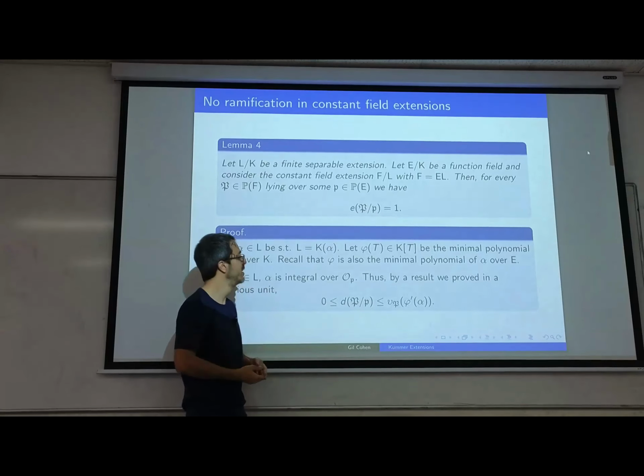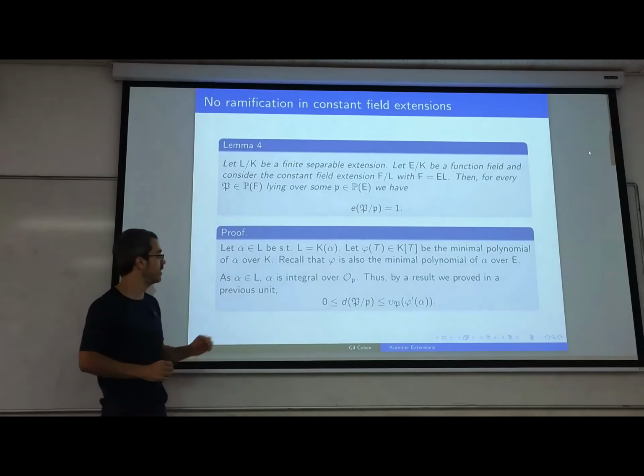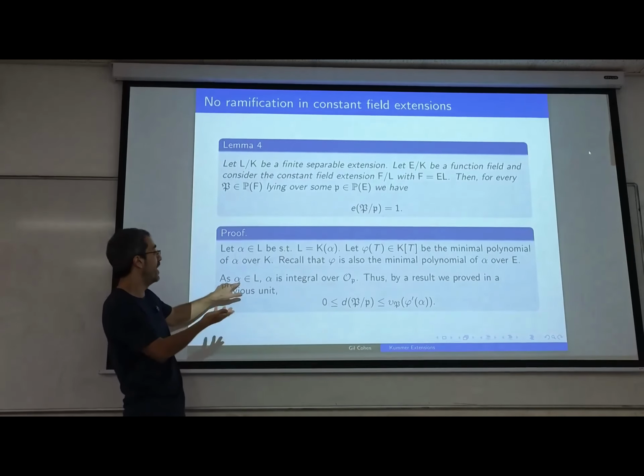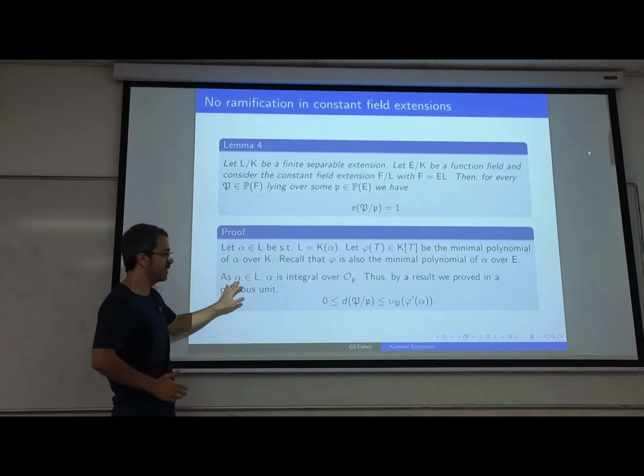Of course that happens for alpha because alpha is in L, its minimal polynomial is over K, and K is a subfield of this ring OP. OP is all functions that you can evaluate at little p, constants you can evaluate at little p. So the minimal polynomial of alpha is definitely with coefficients in OP, so alpha is integral.